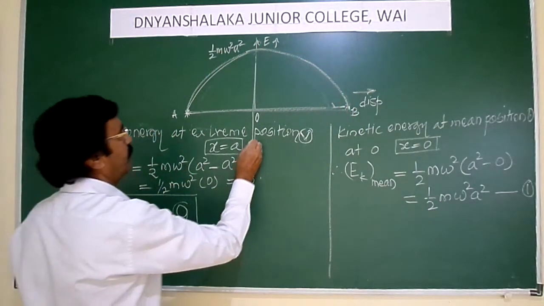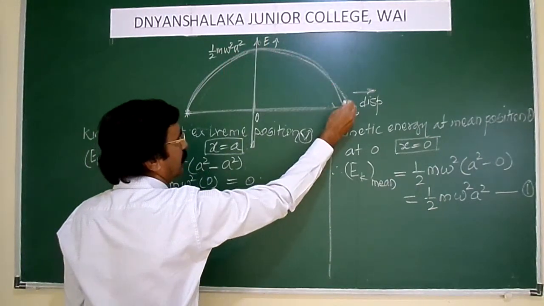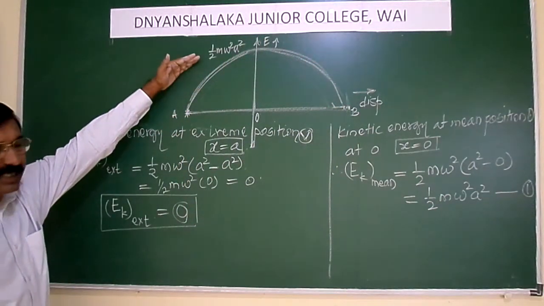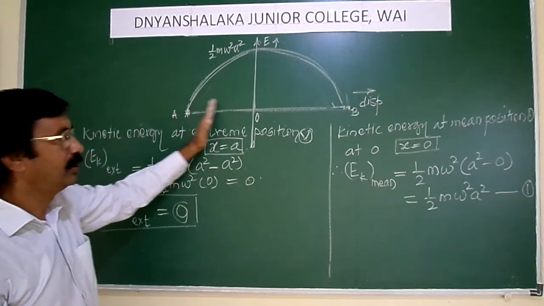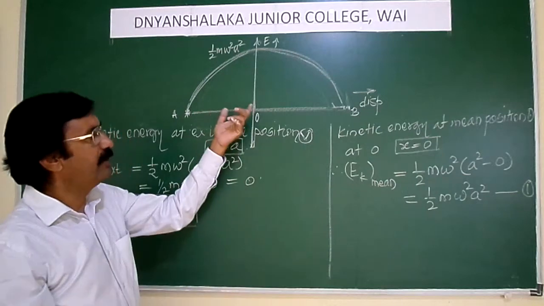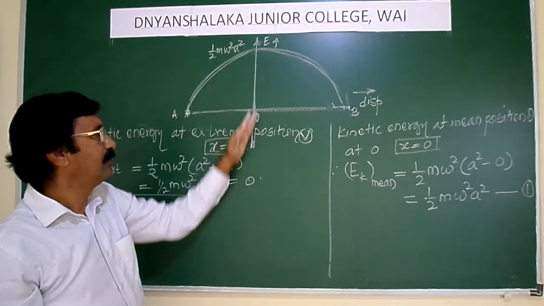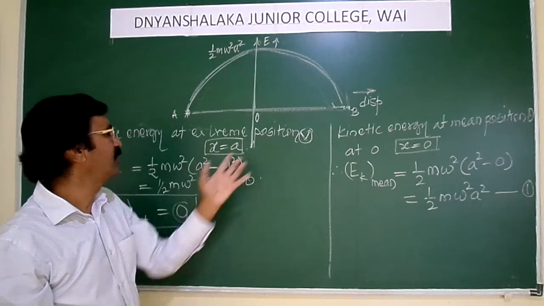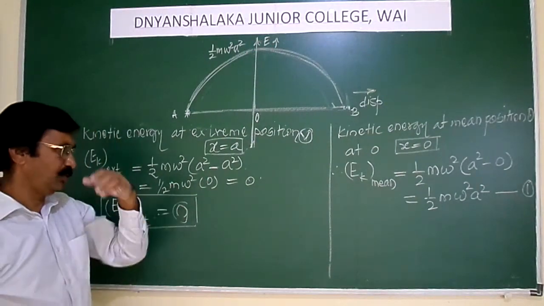So this is the variation of kinetic energy as the particle moves on the path AB, which is along the x-axis. Then the y-axis represents the magnitude of kinetic energy, measured in joules.